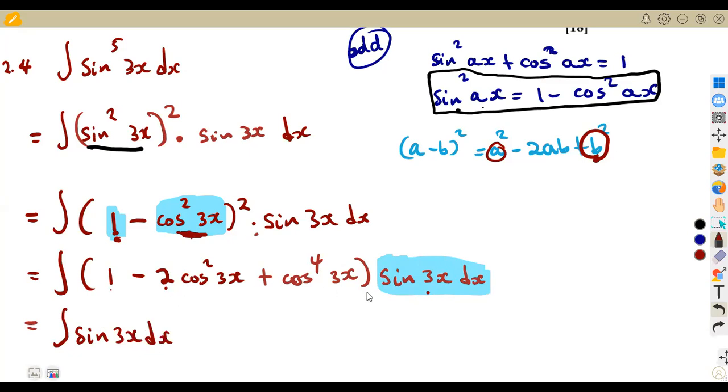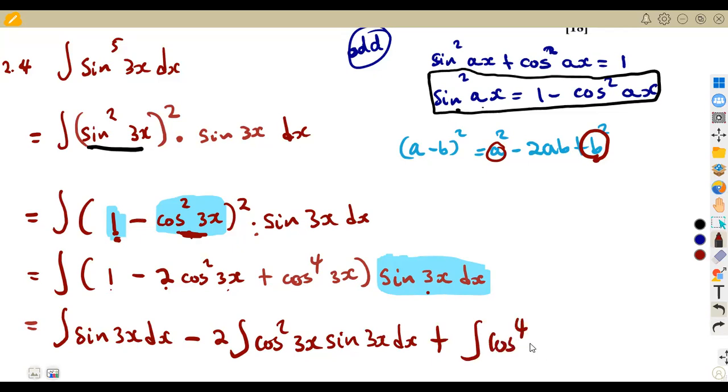Minus 2 times the integral of cos squared 3x sine 3x dx. We integrate this. The same thing, the cos and the sine multiply each other, so it's going to be plus the integral of cos to the exponent of 4, 3x times sine 3x dx, like this.